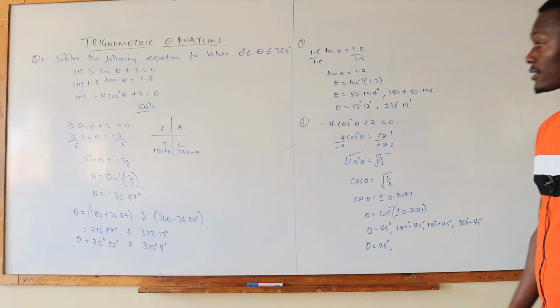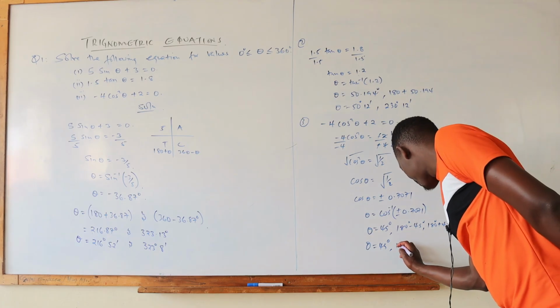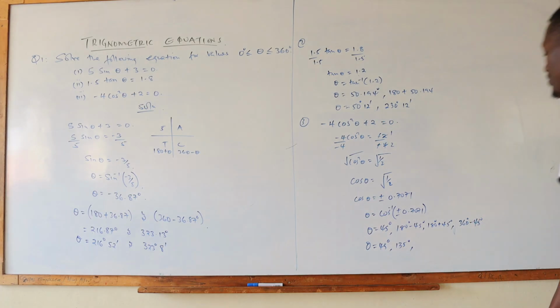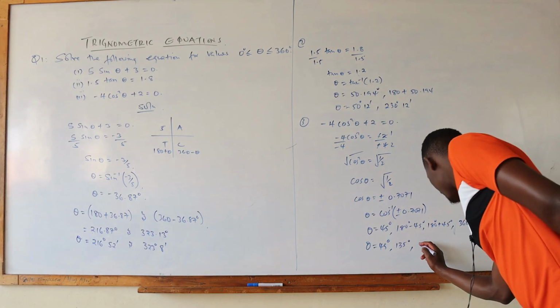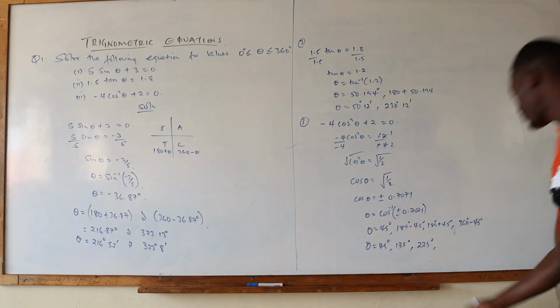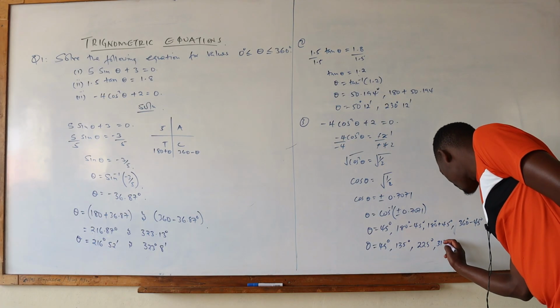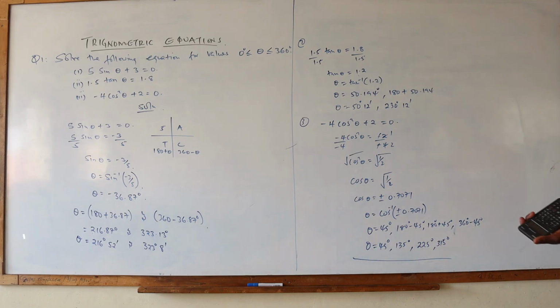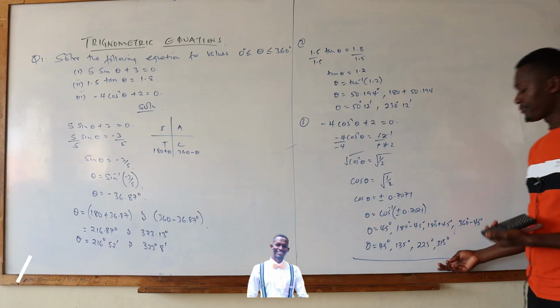180 minus 45, that gives you 135 degrees. 180 plus 45, that gives you 225 degrees. 360 minus 45 gives you 315 degrees. And this will be the outcome for this particular function.